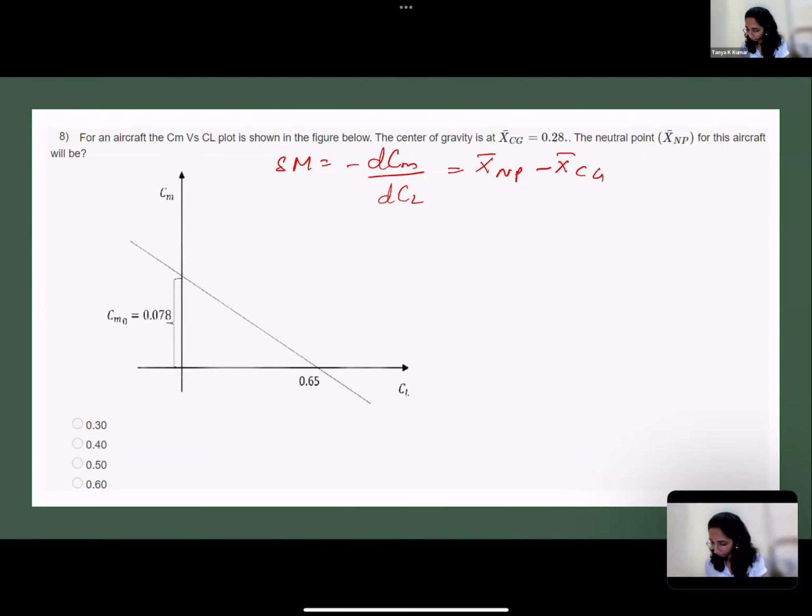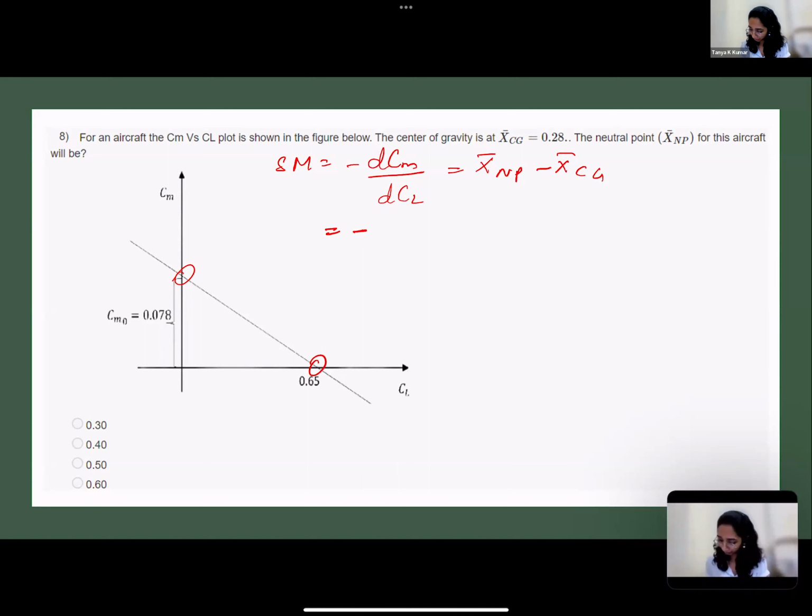Okay. So how do you find the slope of this line? Similar thing. I'm just taking these 2 points. Can someone tell me what is the slope? You can type it in the chat box if you don't want to unmute. What are the 2 values?